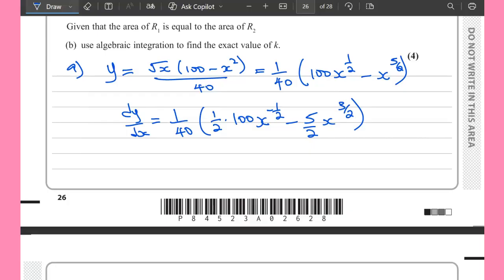Simplifying this, we find dy/dx equals 1 over 40 times 50 x power negative a half minus 5 over 2 x power 3 over 2.